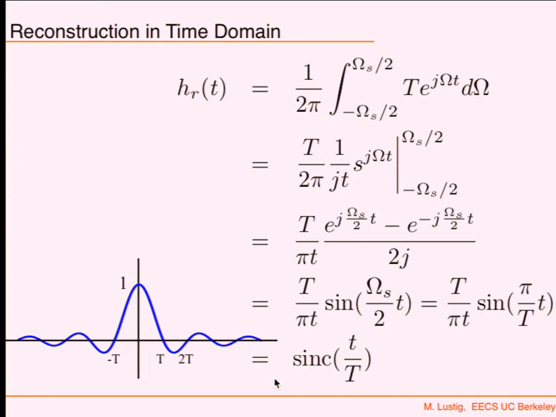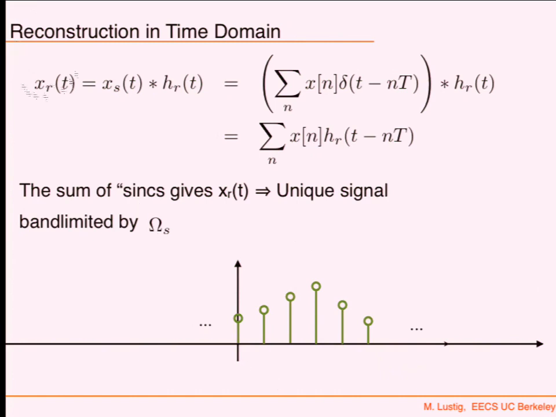When we convolve, x sub r of t is going to be the convolution of x sub s of t with this h sub r. If you actually compute this, this is discrete, this is continuous, and now your samples become coefficients of shifted sincs.